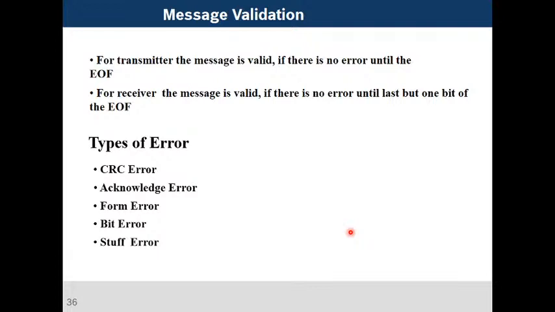If there is a CRC error, to validate the data from the transmitter, it will be reported as a CRC error. If acknowledgement is not given by any of the nodes, then it's an acknowledgement error. Also form error, bit error, and stuff error. Stuffing is a concept involved in the CAN protocol that we are going to see now.